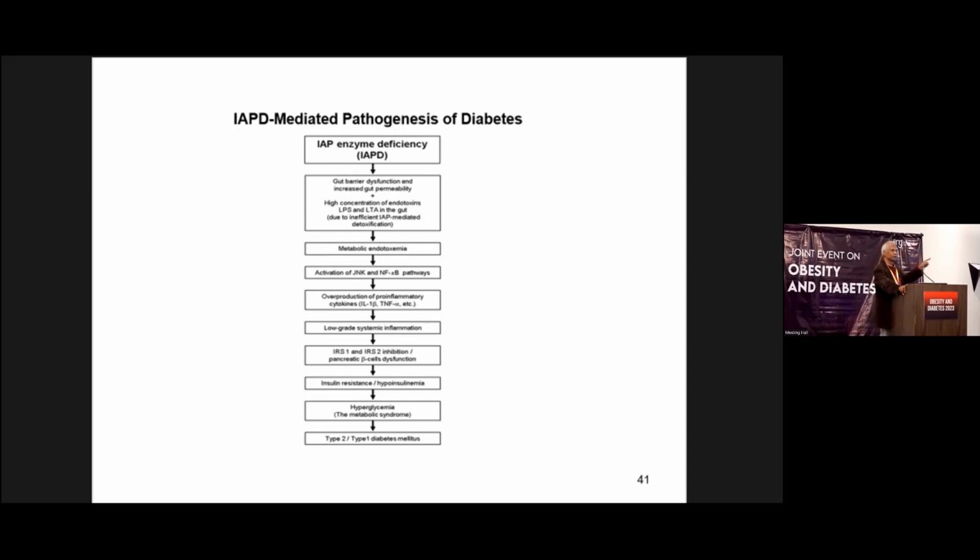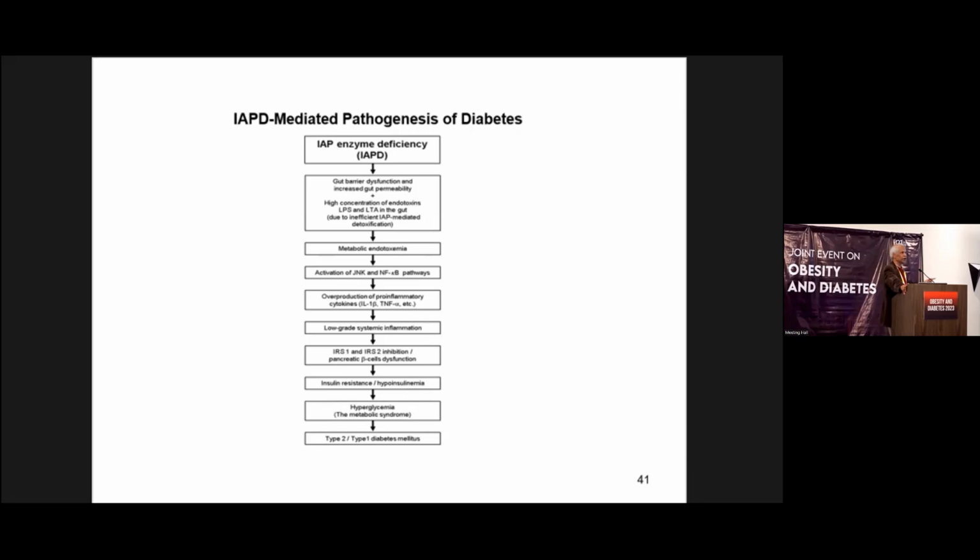If you have IP deficiency, you accumulate a lot of toxins in your gut, and that moves into the circulation, causing metabolic endotoxemia. Metabolic endotoxemia ultimately produces low-grade systemic inflammation, and that systemic inflammation leads ultimately to type 1 and type 2 diabetes.